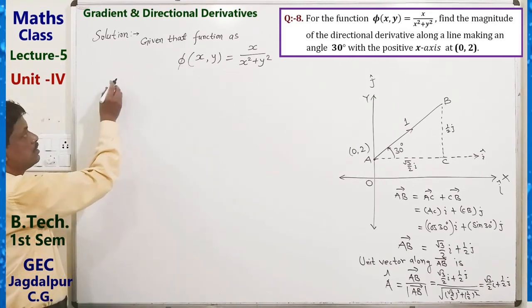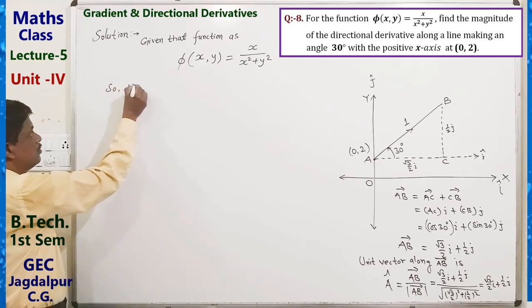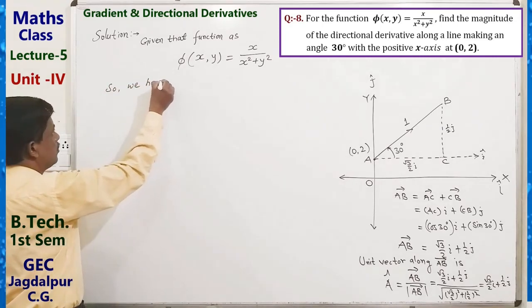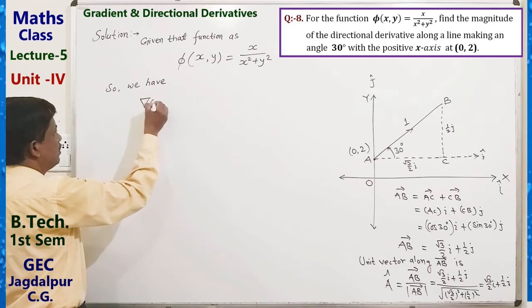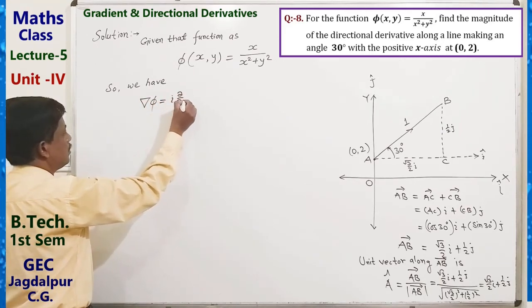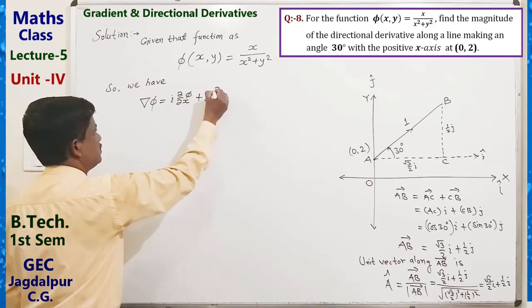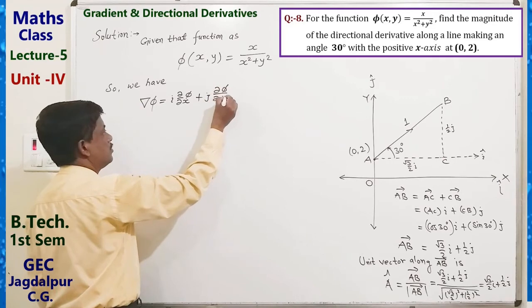Given this function, we have del phi equals I del phi by del x plus J del phi by del y.